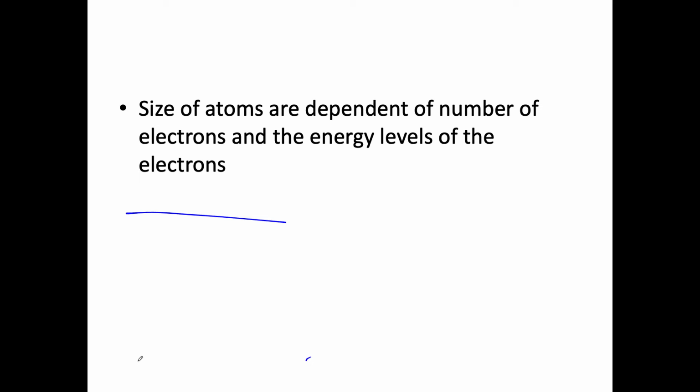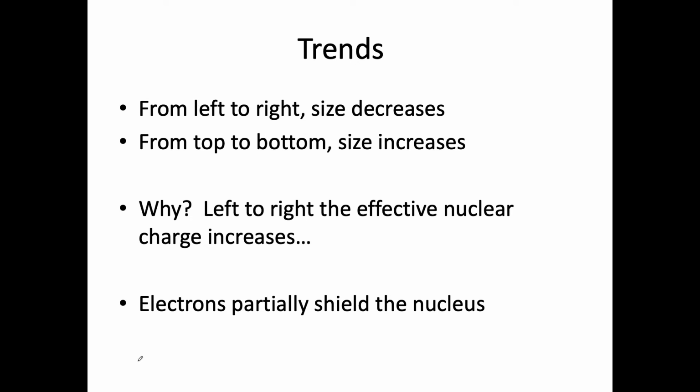So when you're looking at atomic size, you have to think not just of the size of the atom, but how many electrons it has, the energy levels of those electrons, and where it is on the periodic table, because the actual trend is from left to right, the size decreases. So it gets smaller as we go left to right. And if you go from top to bottom, it's going to increase.